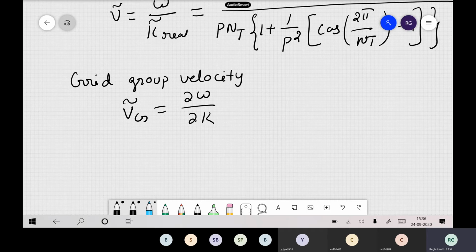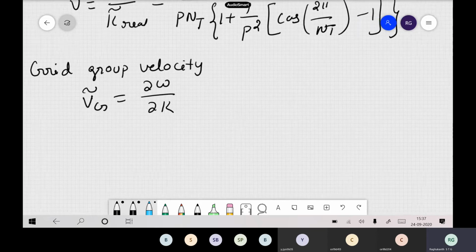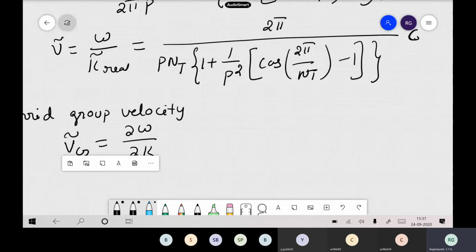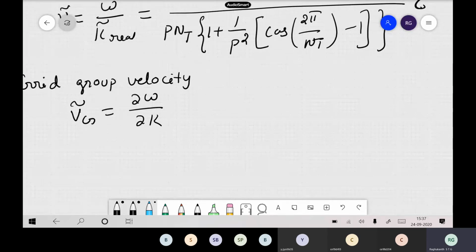But since the dispersion equations here are not the same as the analytical medium, the derivative also comes into the picture. You can find the derivative by two methods: one is with k real, omega, and the other is omega real by k. Both cases you can find out.